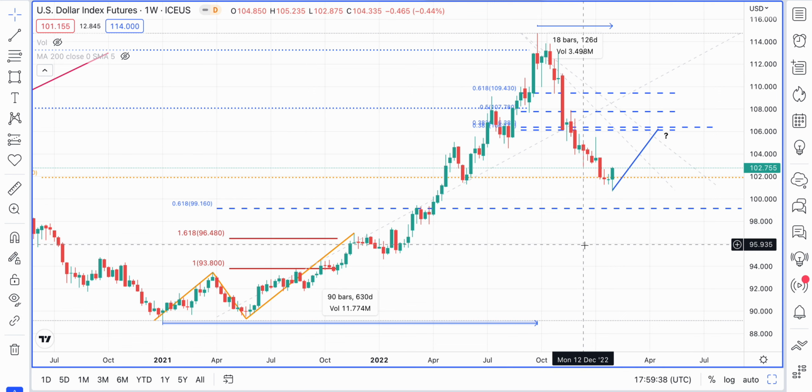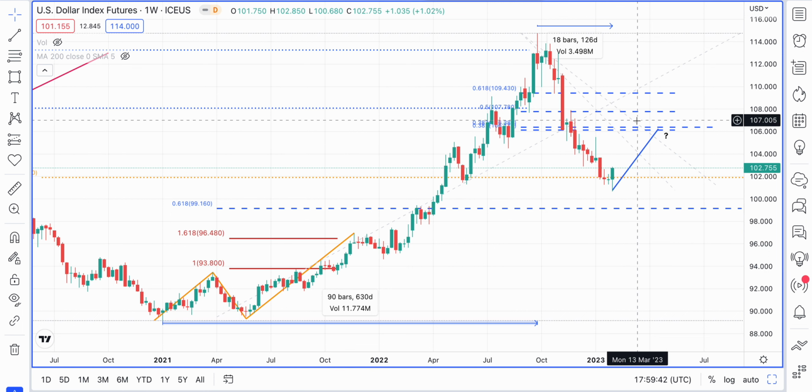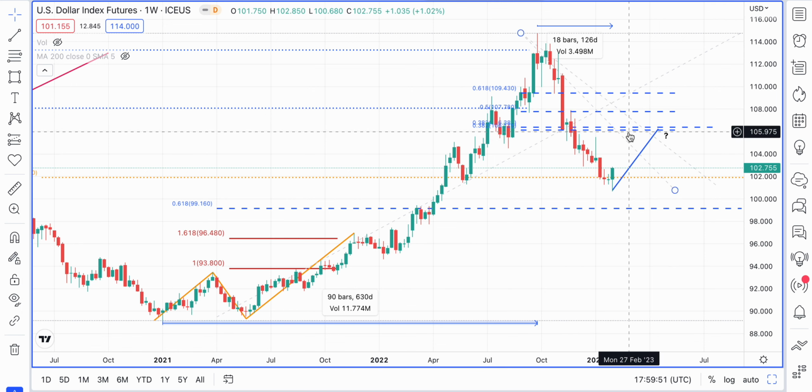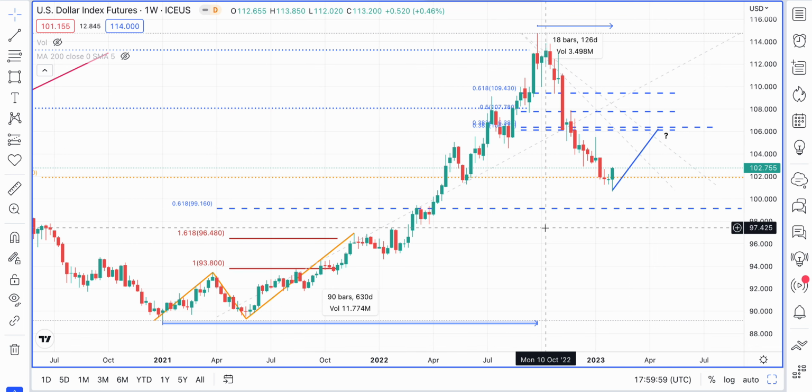When the dollar is strong, gold seems to be selling off, and in gold we are looking for 38.2% as a potential support level. In the US dollar, we are looking for this 38.2% at 106 as the potential resistance level. So you can see how these two things are coming together.